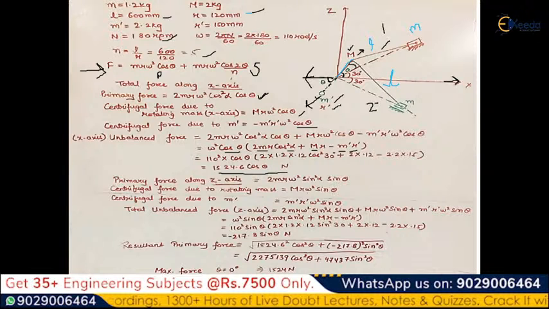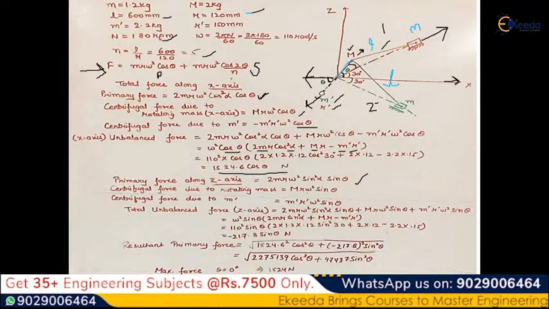Similarly, we can calculate the unbalanced force along the z-axis, because whatever the unbalanced force because of the reciprocating mass, it is along the line of stroke. So its horizontal component is the cos theta and its vertical component will be the sine factor. So we get the value, which is 2 m r omega square sine square alpha sine theta.